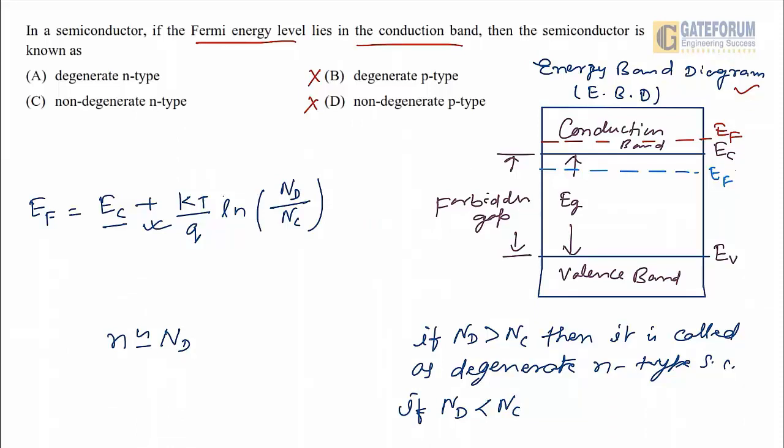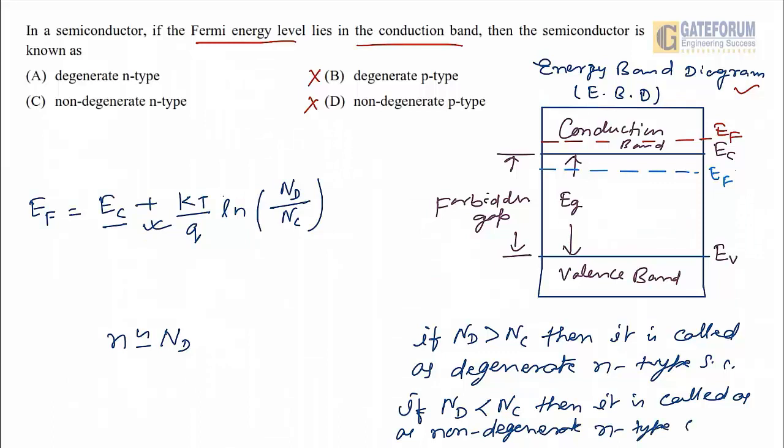So we can write here, if ND is lesser than NC, then it is called non-degenerate N-type semiconductor.